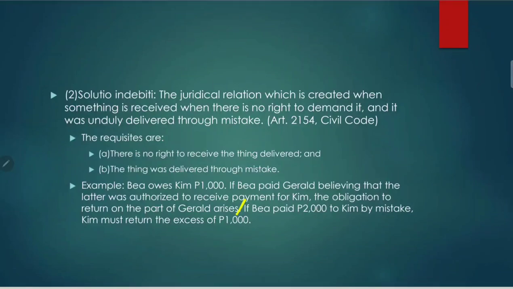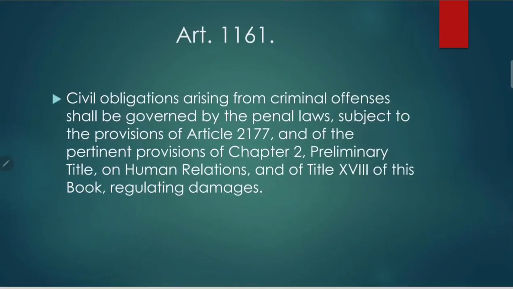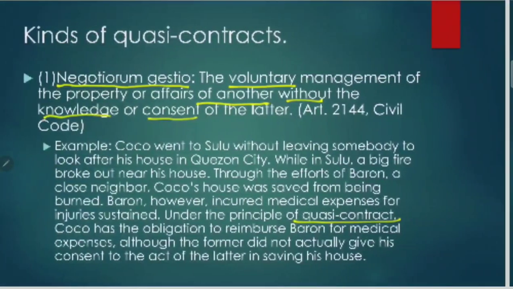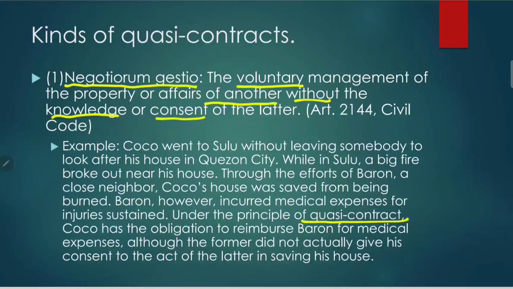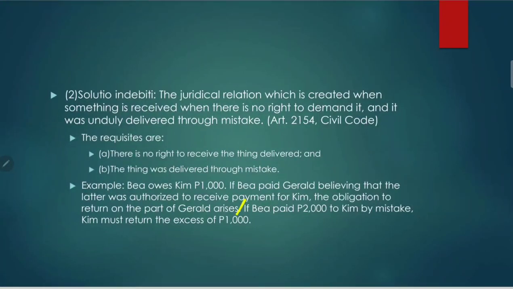So, she has no right to receive the thing, the money, and the thing or the money was delivered through mistake. Makikita natin yung dalawang essential requisites ay nandiyan sa circumstances na yan. So, yan yung concept ng solutio indebiti. Again, dalawang klase ng quasi-contract, negotiorum gestio, and solutio indebiti.